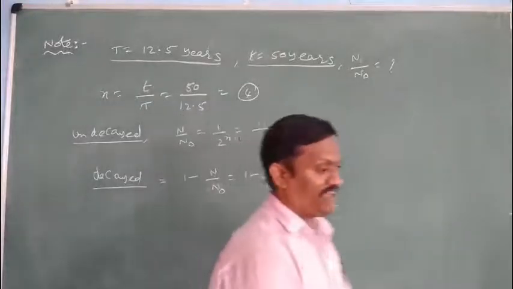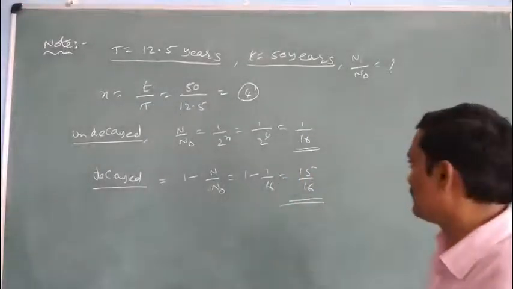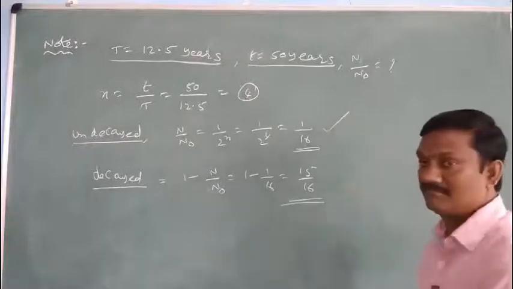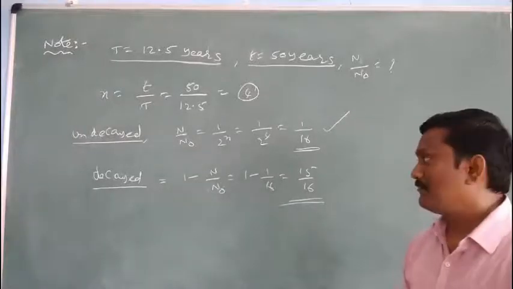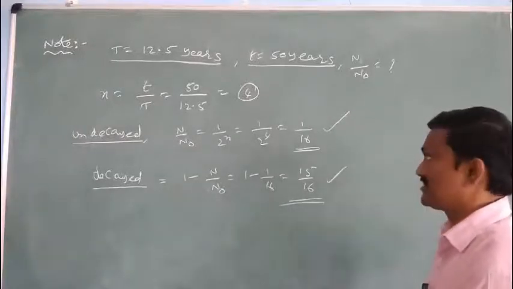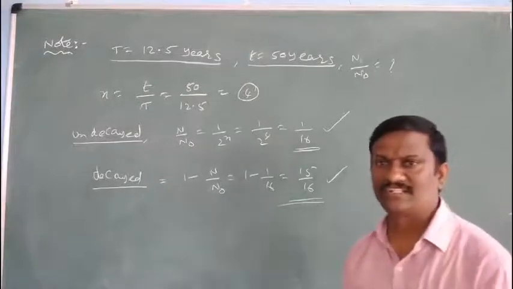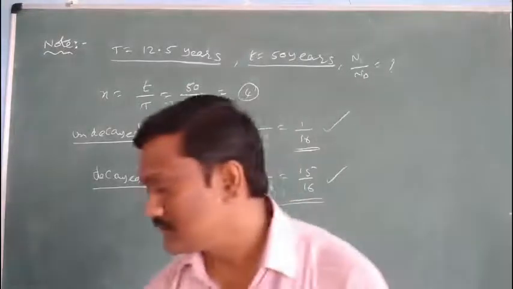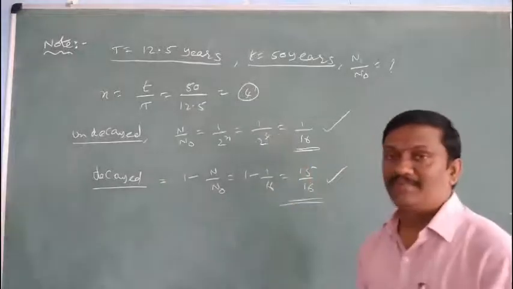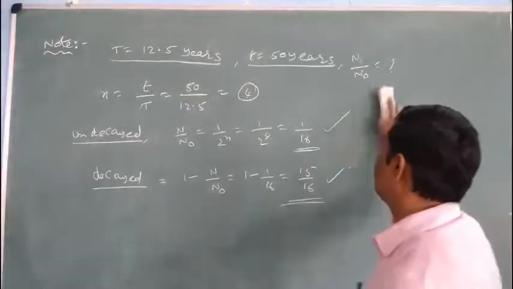So in 4 half-lives, the fraction of atoms undecayed is 1 by 16, but the fraction of atoms decayed is 15 by 16. So that is about some example problems based on half-life rules.